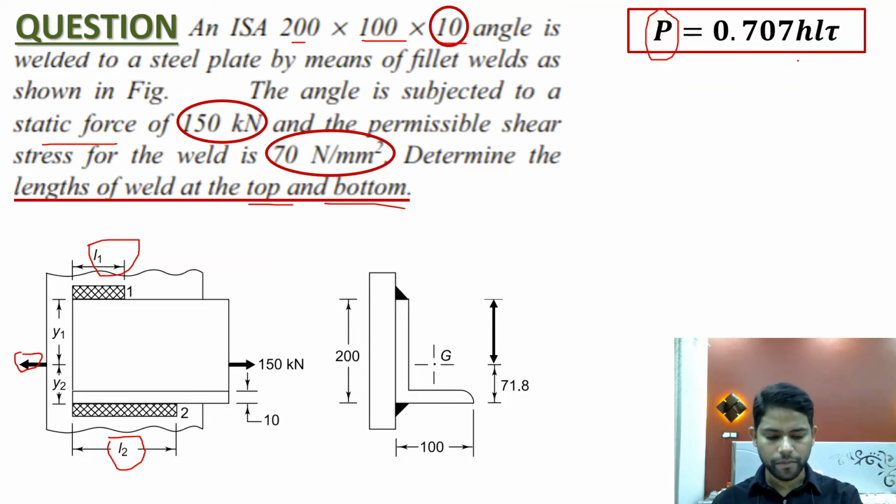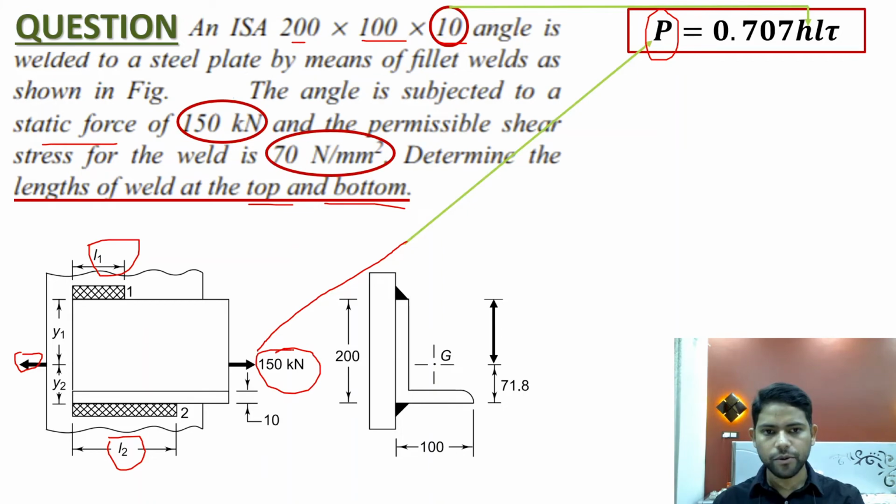Now let's see what are the values of the unknown variables given to us in the problem. The first value given is h, which is equal to 10 mm. The second value is your force P, or the force acting on the structure, which is equal to 150 kilonewtons.